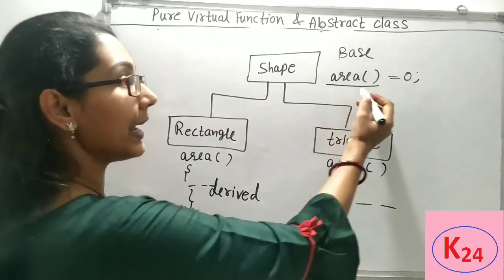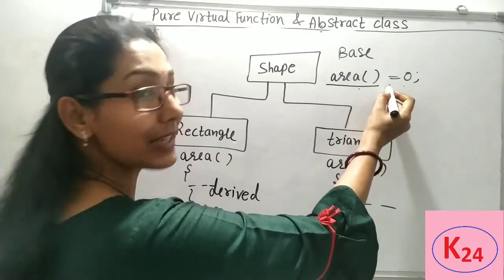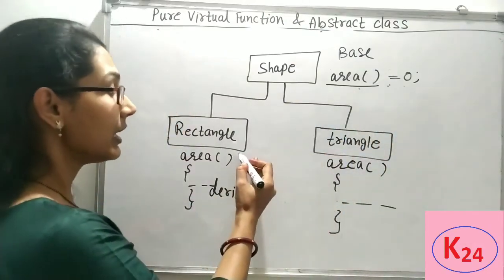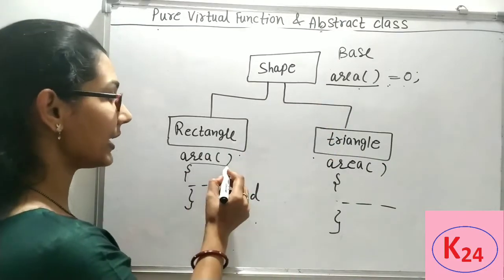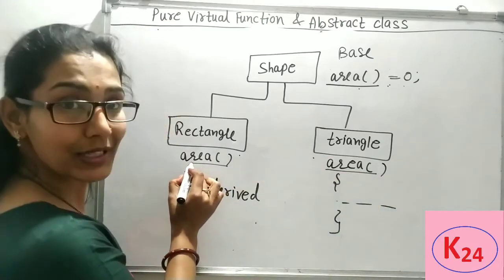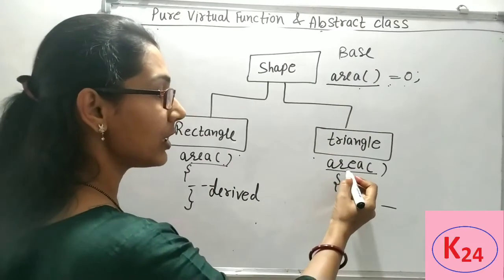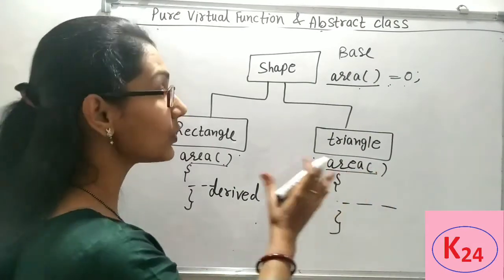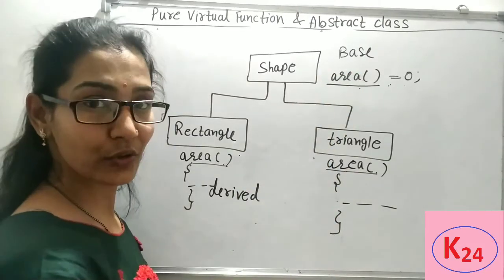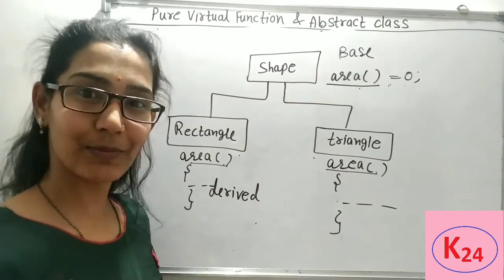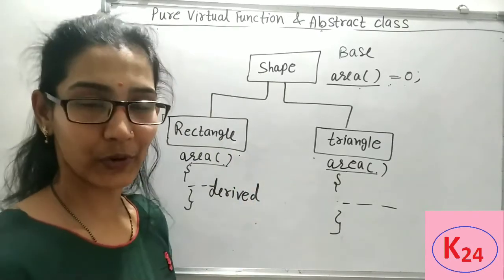So here area equal to 0 is the pure virtual function, and its definition is redefined in the rectangle and triangle derived classes. So here overriding is done, as the function name is the same and with no parameters. So this is the overriding, and here we are using a pure virtual function. This concept will be shown in the program also.